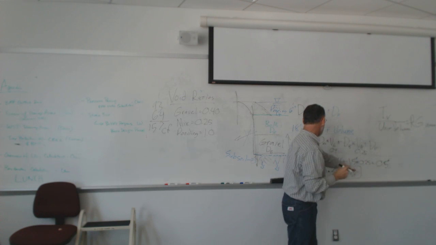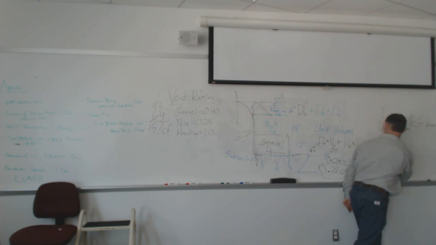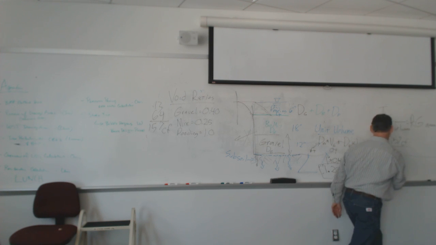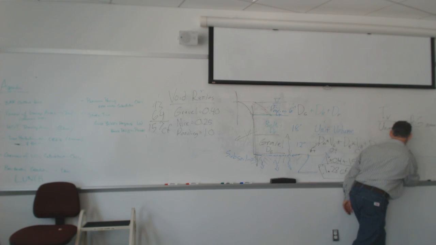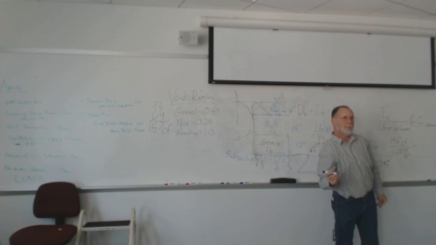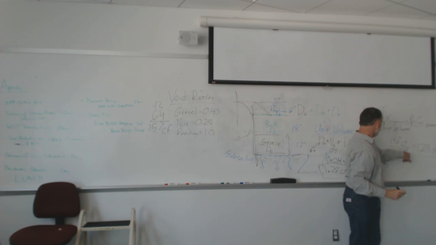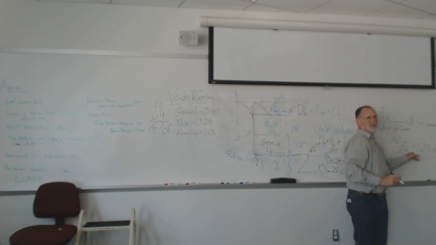And if you look at the units, that works out. So let's write that out. We've got our treatment volume of 157 cubic feet divided by 1.28 cubic feet per square foot. And what did that number turn out to be? 123 square feet.